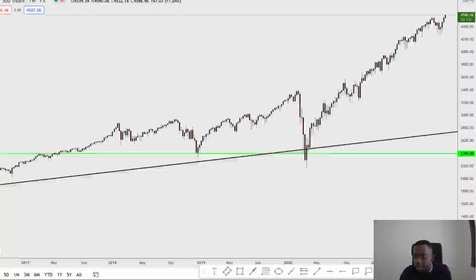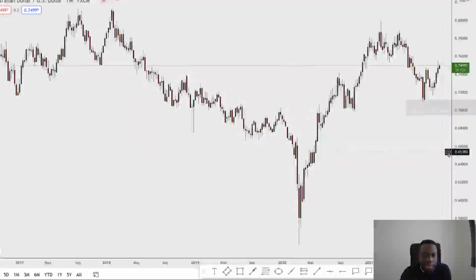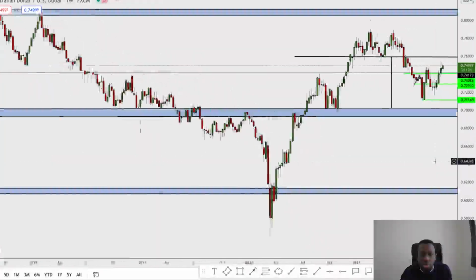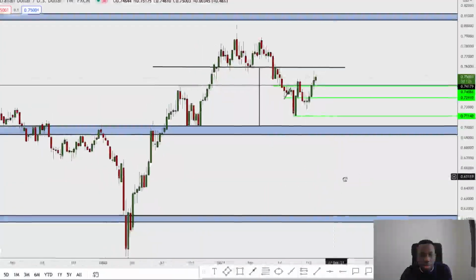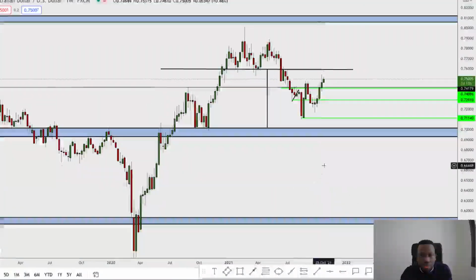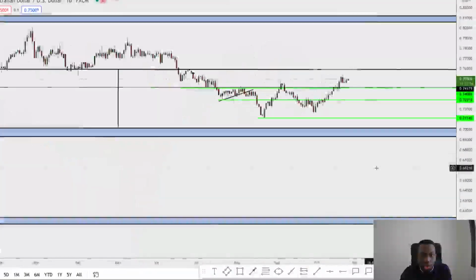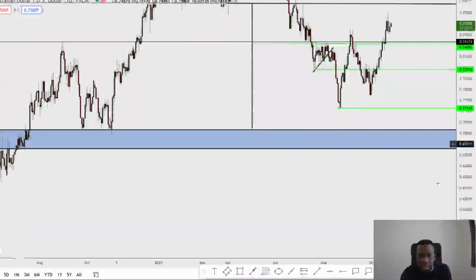Shoot. Now, usually for my exit, what I like to do is something very simple. If I come to AUD, what I like to do for exit is something very simple. I like to use what I like to call the 127 extension. That's exactly what I like to use.